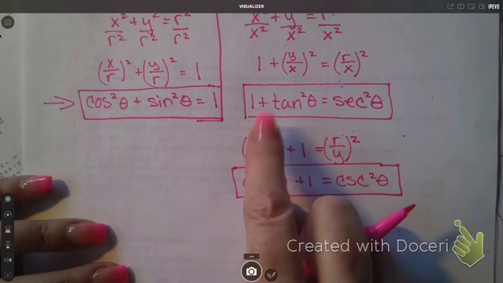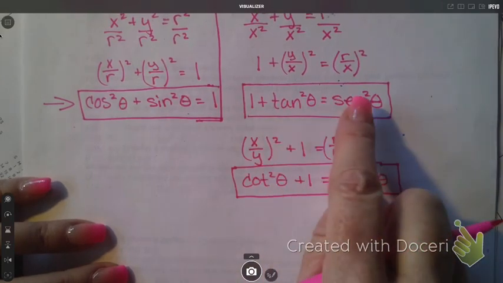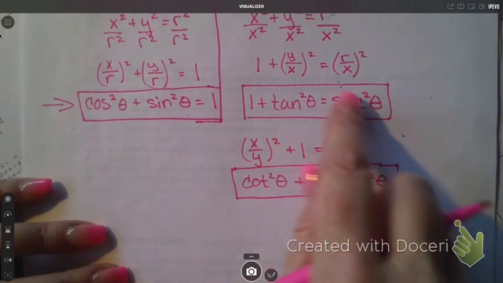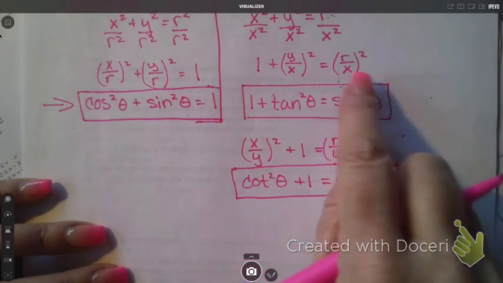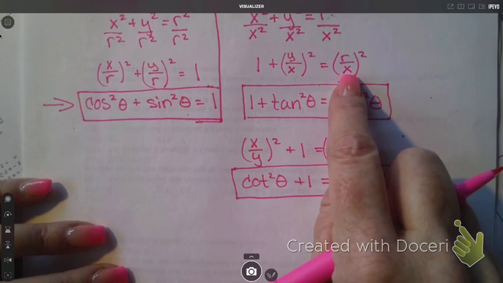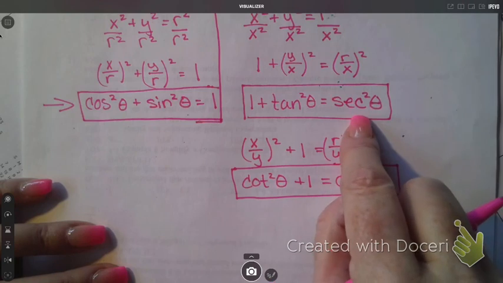And you're going to remember it's 1 plus tangent. And how are you going to remember secant? What's in the denominator of tangent? X, which is cosine, yes? What's in the denominator over here? X, which is cosine. And the reciprocal of cosine is secant.